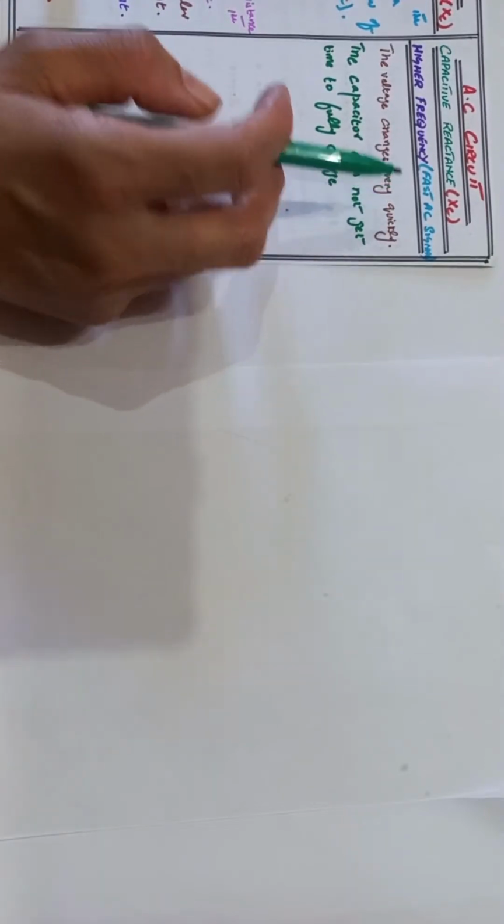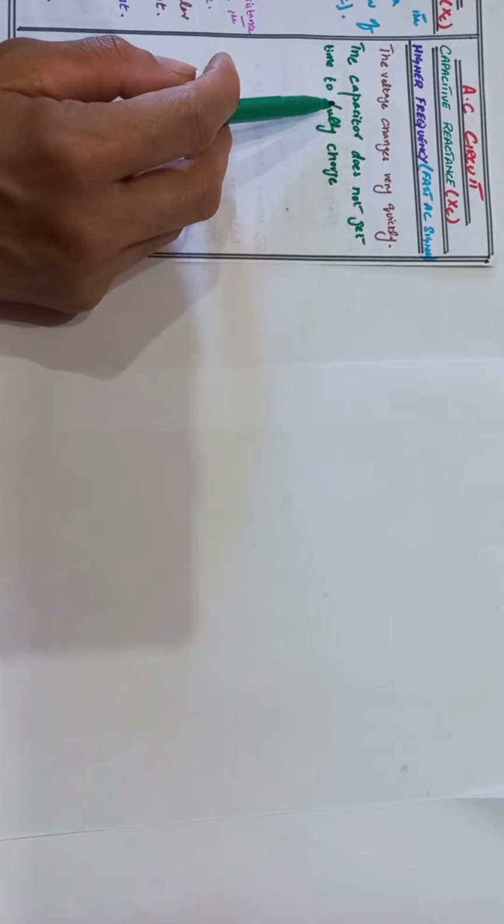What it means: when we apply the AC source to the capacitor and the AC signal is very fast, the AC source changes direction very quickly. So the capacitor does not get enough time to become fully charged. When the capacitor becomes fully charged, it does not allow more current to flow into the circuit, so it blocks the current. The fast AC signal does not give the capacitor time to become fully charged, so the capacitor keeps charging and discharging rapidly.